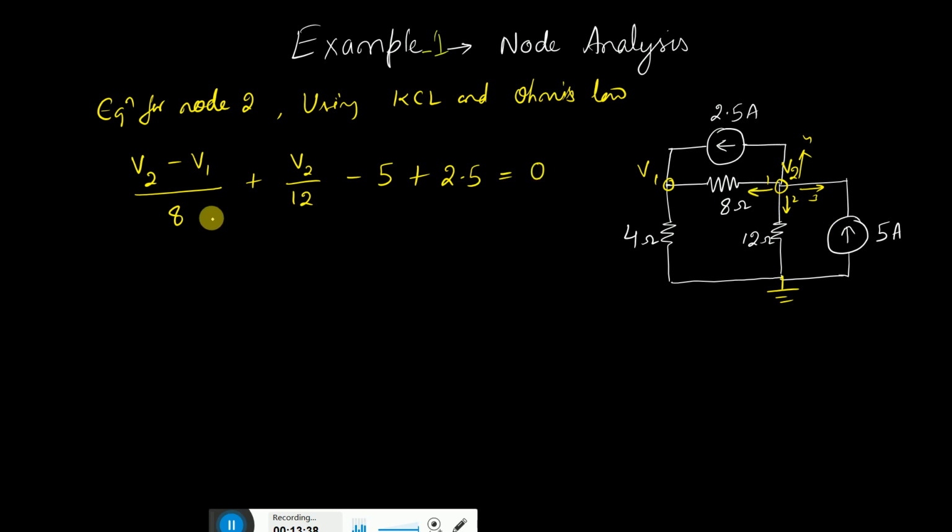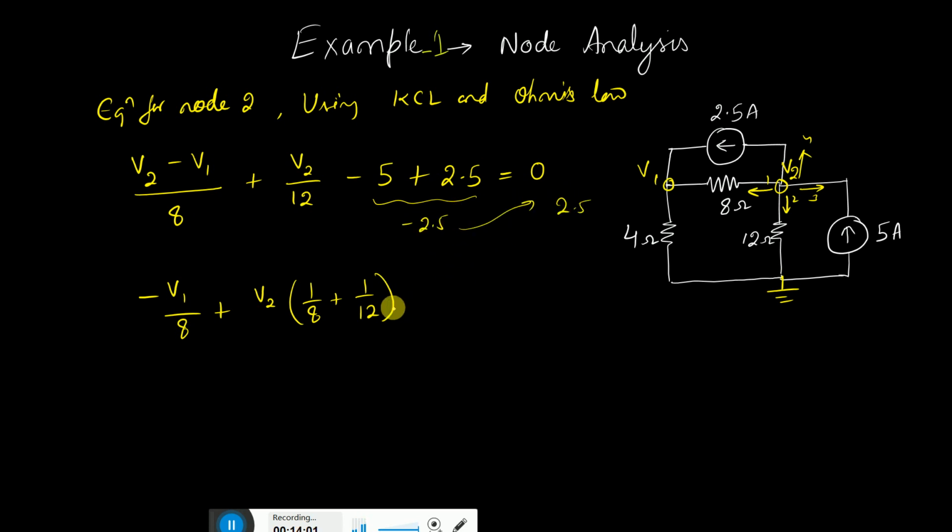If I try to solve it, first take out the coefficient of V1. Obviously the minus is there, so minus V1 by 8. Then take out the coefficient of V2. For V2, this is 1 by 8 plus 1 by 12. And this is minus 2.5, it will go to the other side and become 2.5 again. So this one we can solve.